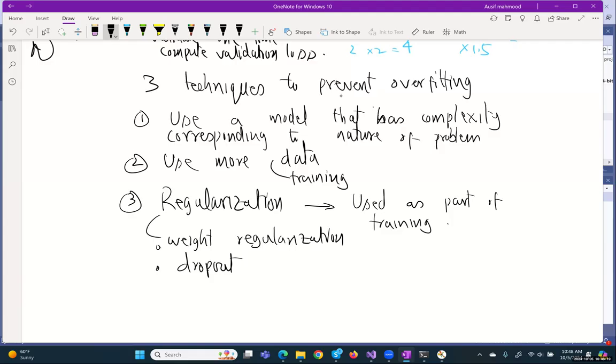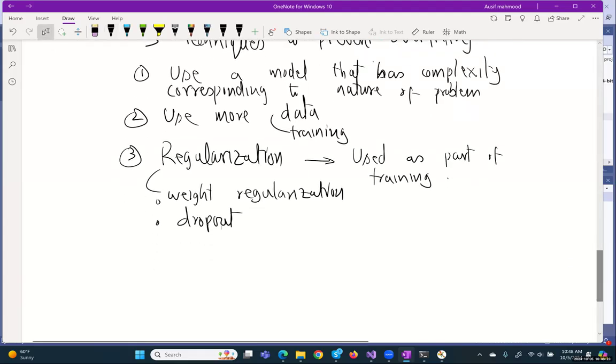Okay, in the weight regularization, suppose our loss function, I'll pick an easy example. Our loss function is, let's say, (y minus a) squared, right? And as we discussed, we typically put 0.5 over here.